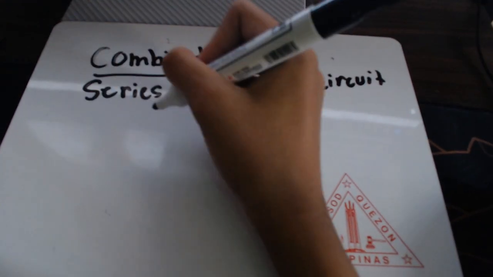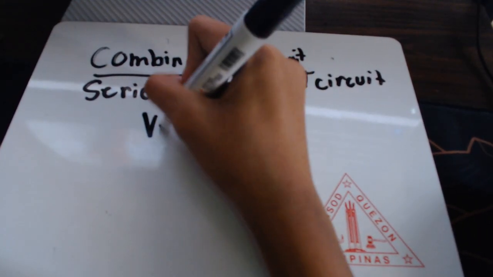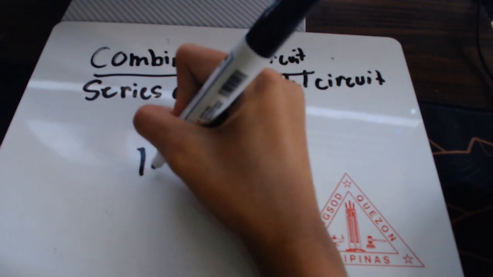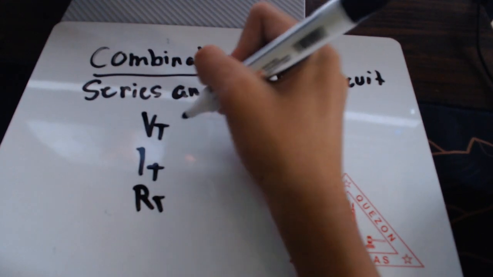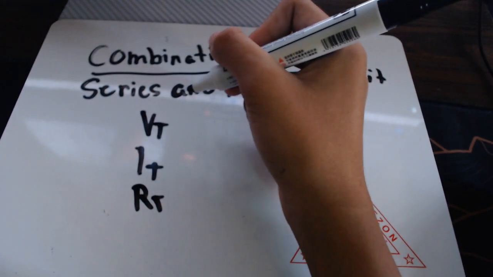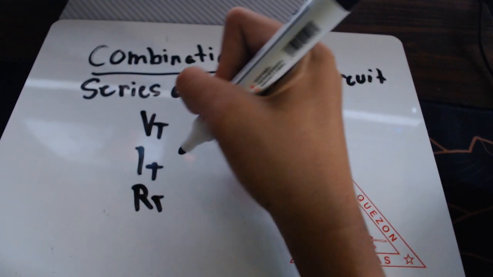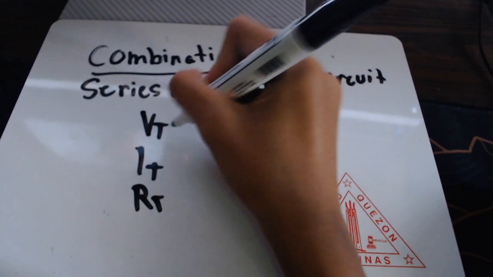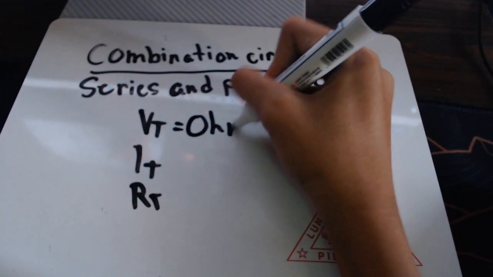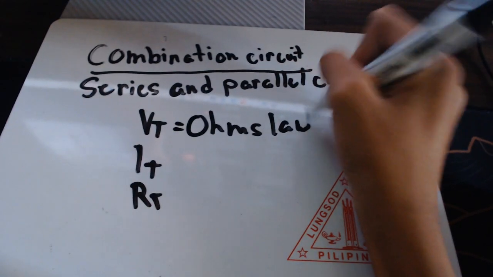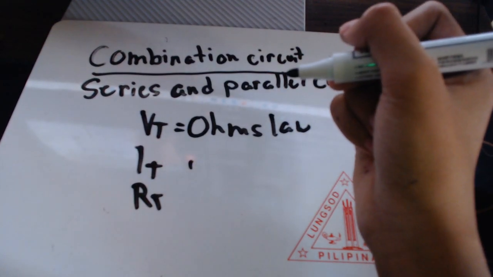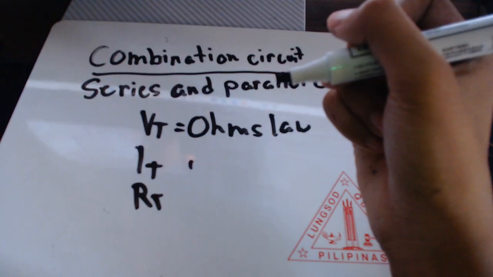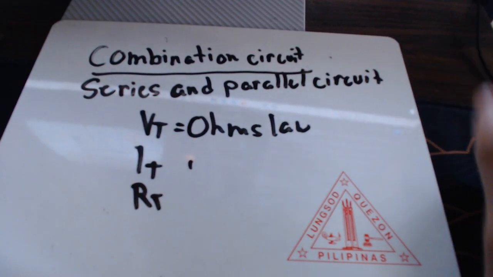Once we find the total voltage, total current, and total resistance, we're going to use Ohm's law in order to find each of the resistors' voltage, current, and resistance.